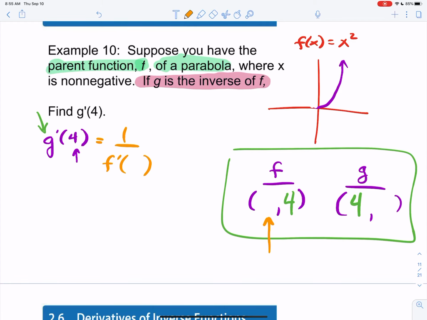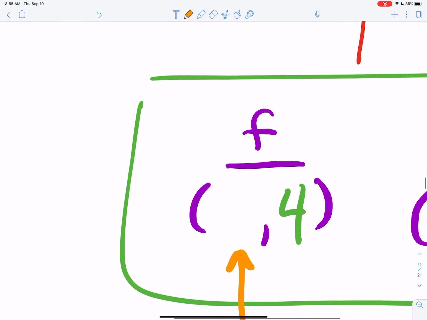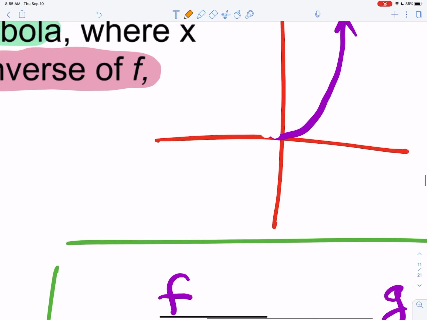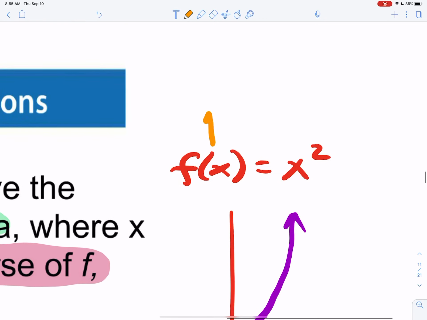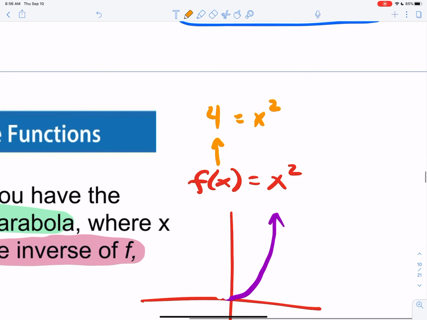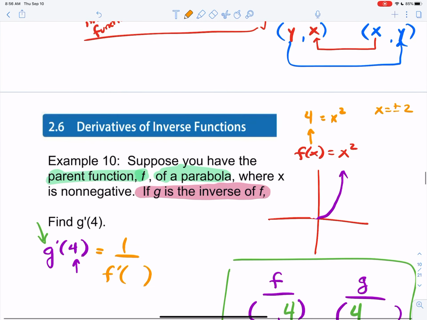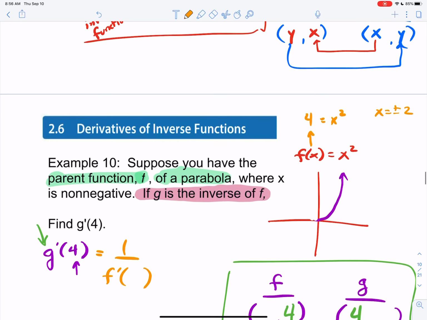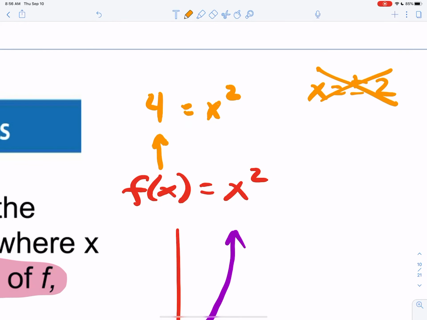We know that we want the y value to come out to 4. Okay, so let's take a look at our equation. I want the y value to come out to 4. Okay, you could probably do this in your head or solve algebraically, but pause and play when you're ready. Find out what x is. Okay, now for those of you that said x equals plus or minus 2, you're correct, but at the beginning it stated that x is non-negative, so the more correct answer would just be positive 2.